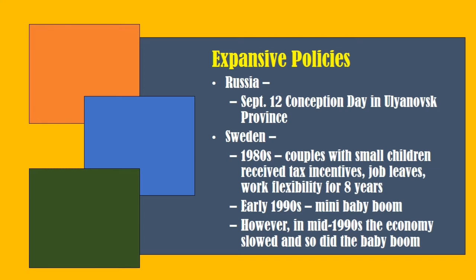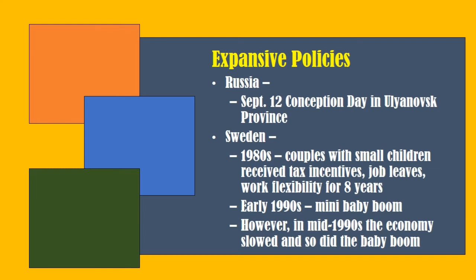Another is that of Sweden. In 1980s, couples with small children received tax incentives, job leaves, work flexibility for 8 years. And during the early 90s, they had what they call the mini baby boom in Sweden.